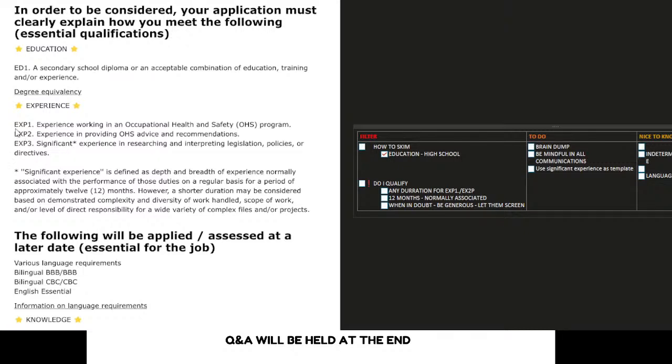Experience factor 1 says experience working on an occupational health and safety program. Okay, that's it. There's no mention of how long, right? Number 2, experience in providing OHS advice and recommendations. Again, no mention of duration. And then number 3, significant experience in researching and interpreting legislation, policies, or directives.